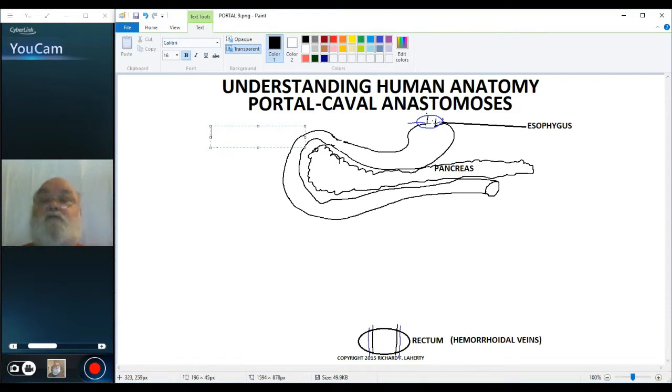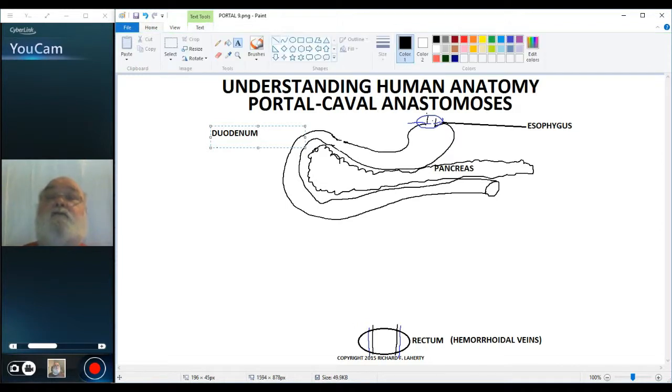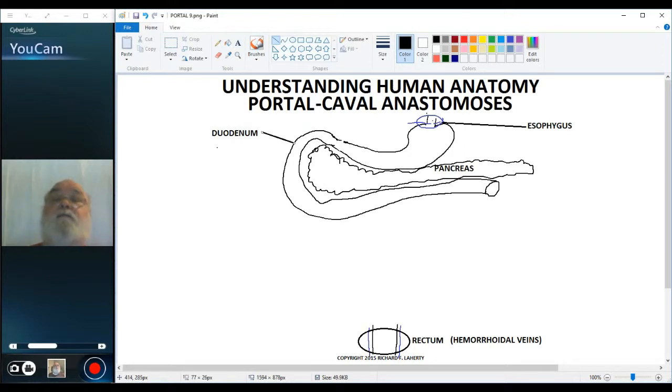And these structures are on the body wall. So the vessels supplying just in general the body wall, which are paired branches of the aorta, would supply them. So duodenum and pancreas is the third area where we have portal-caval anastomoses.